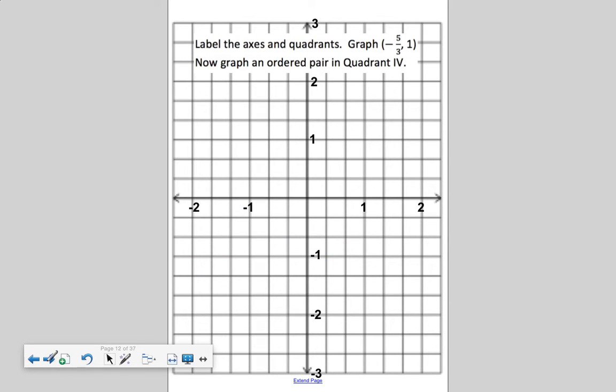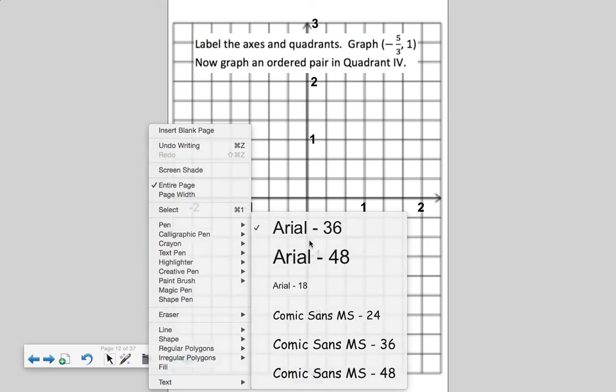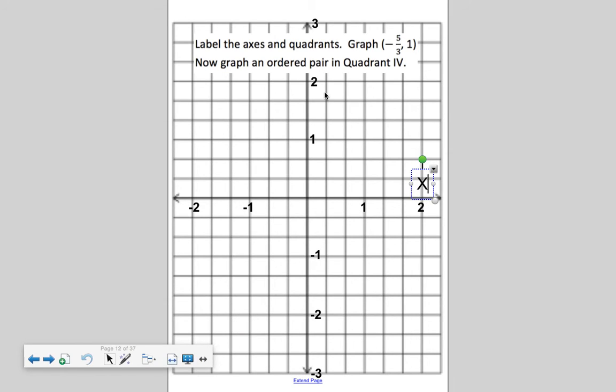Label the axis and quadrants. Let's get my trusty thing. So x-axis, y-axis, quadrant 1, quadrant 2, quadrant 3, and quadrant 4.